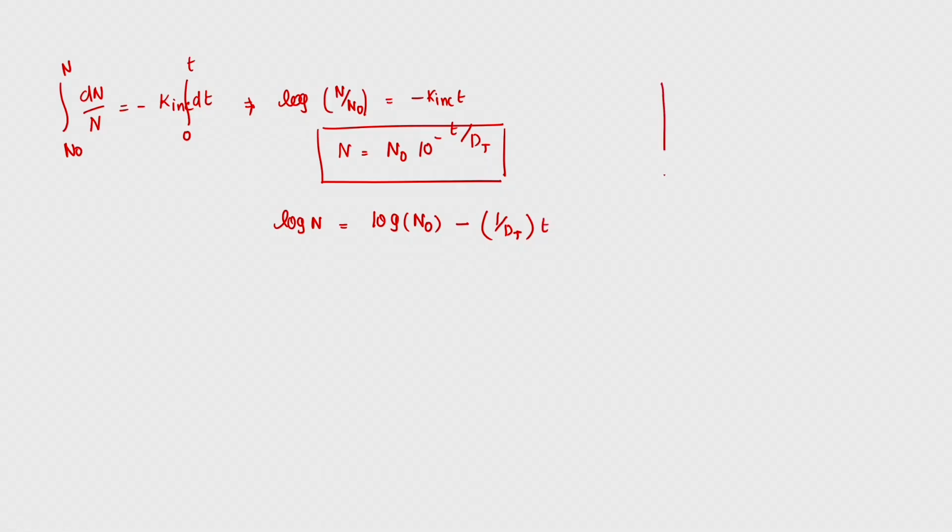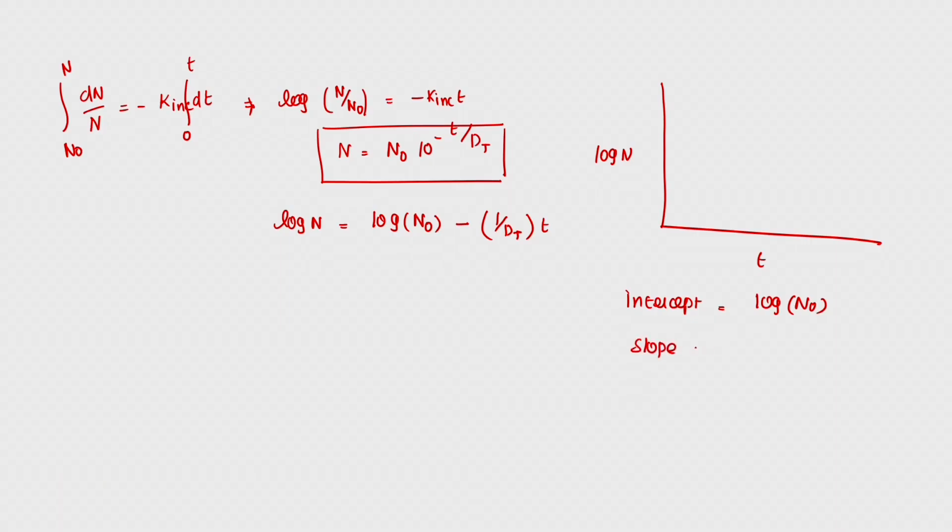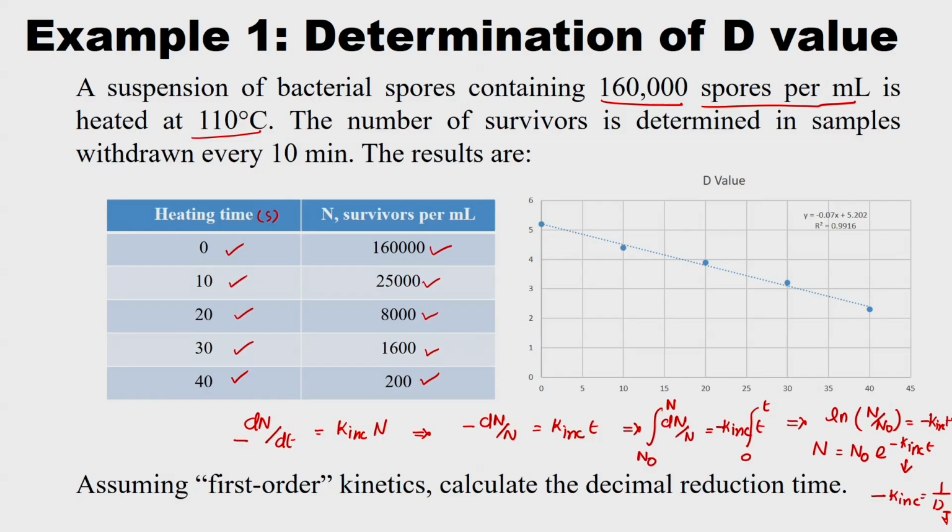So what am I supposed to do? I plot t against log N, then my intercept is log of N naught, and my slope is minus 1 upon D. Here I have given the heating time, so the heating time is on the x axis, in seconds.